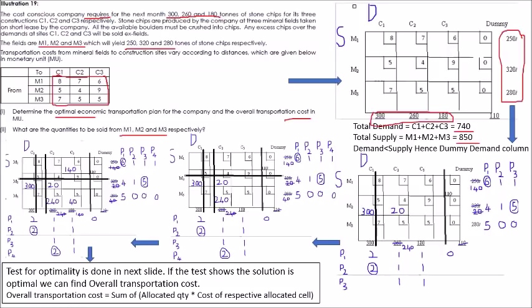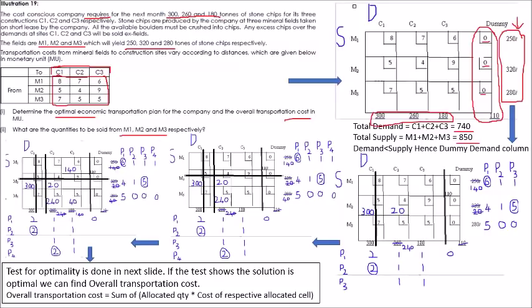So demand we have taken as columns. In the question we have been given three columns. Since demand is lesser than supply, I am including a dummy column. The dummy column will have zero cost. This is the dummy column and this will have the zero cost.